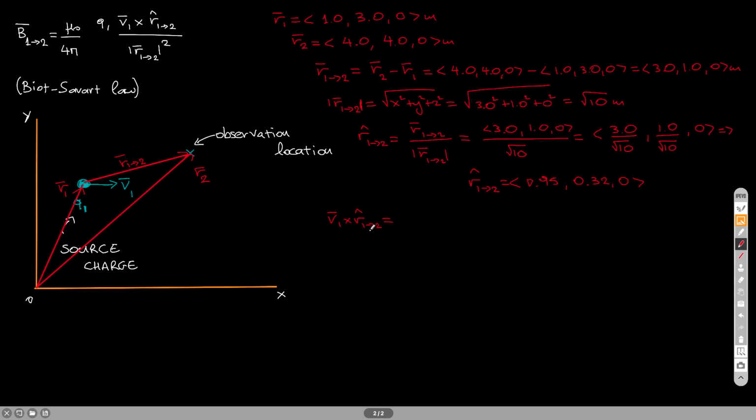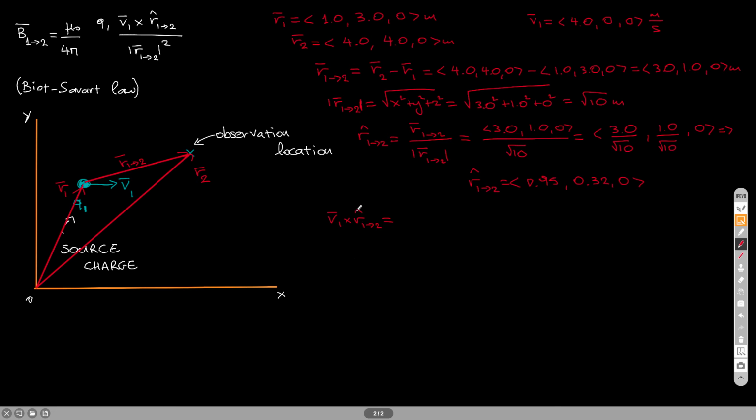Now, here, the velocity of the moving charge needs to be given from the problem. So let's make a note here that this is given from the problem. Let's make it, since it's in the positive x direction, for 0 meters per second.